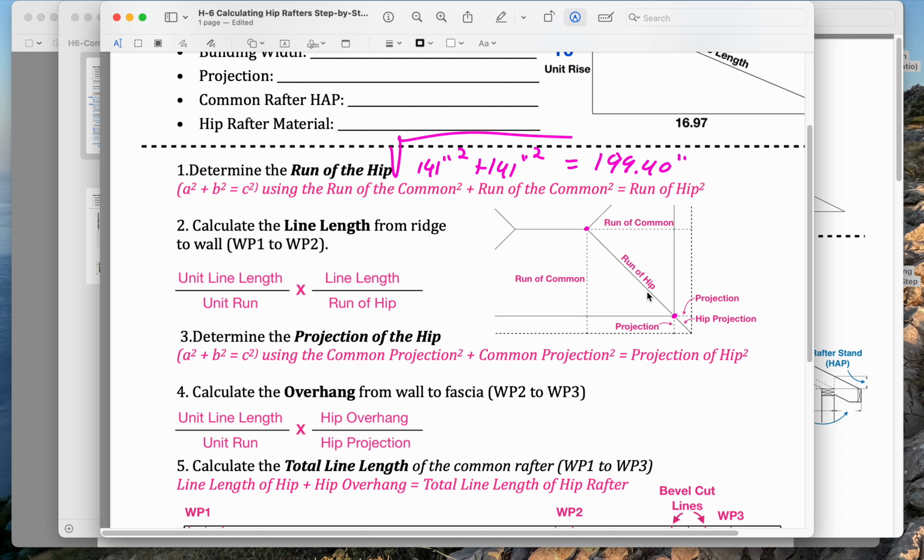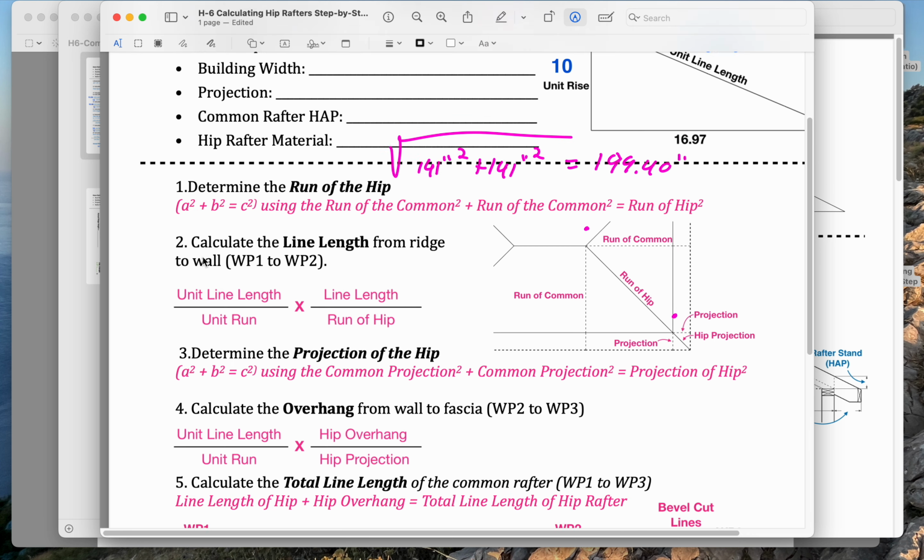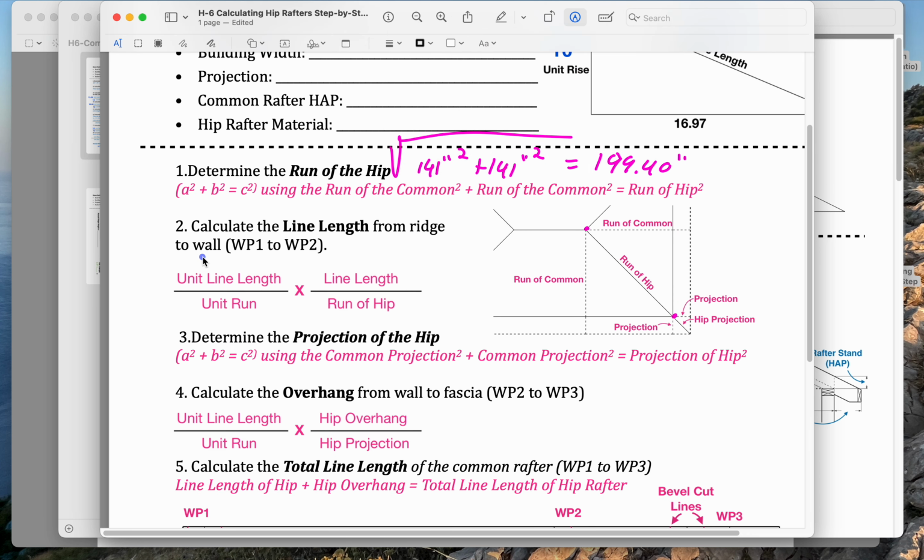So the distance from the corner to the ridge horizontally, we haven't added our slope yet, but just horizontally is 199.4. So the way that this would look is we would take our unit line length, right? And so for this, it's 19.7. So unit line length is 19.70 over our unit run, which for a hip rafter is going to be 16.97. And the run of the hip, which is going to be 199.40 inches. Okay, so we cross multiply. We're going to multiply and then divide.